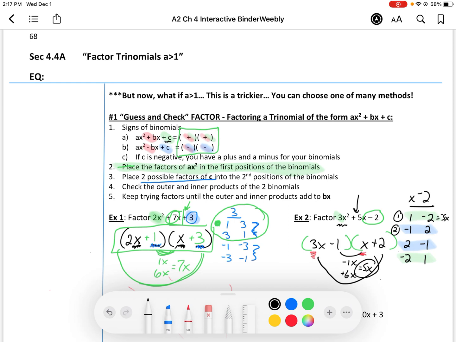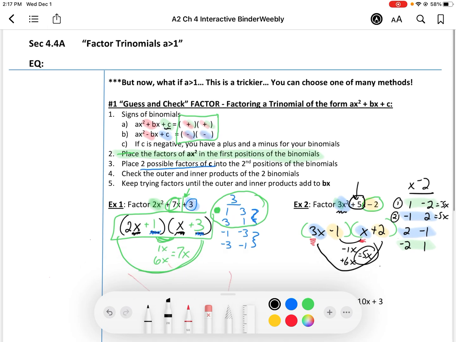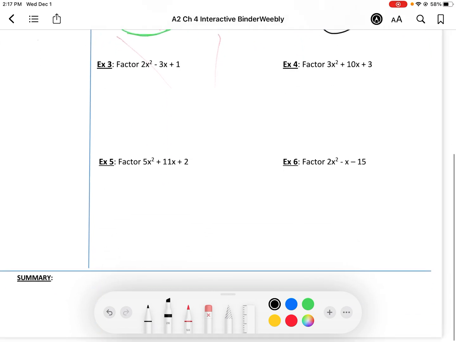Hooray! That works. It gives us positive 5x, and that's what we wanted for this middle term. We already know that multiplying the blues together gives you 3x squared, and multiplying the yellows together gives you negative 2. And then we just saw that when we do the other multiplications, the inner and the outer, it gives us 5x. So we are good. Nice work.